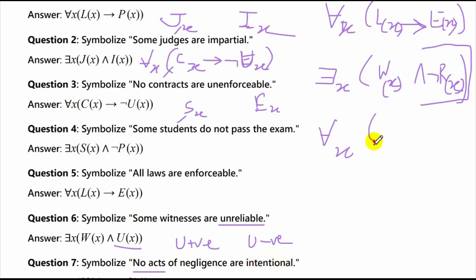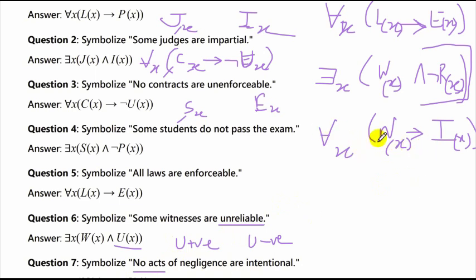So for all acts, negligence would be an x and unintentional. I'm just stating it in this way: all acts of negligence are unintentional.